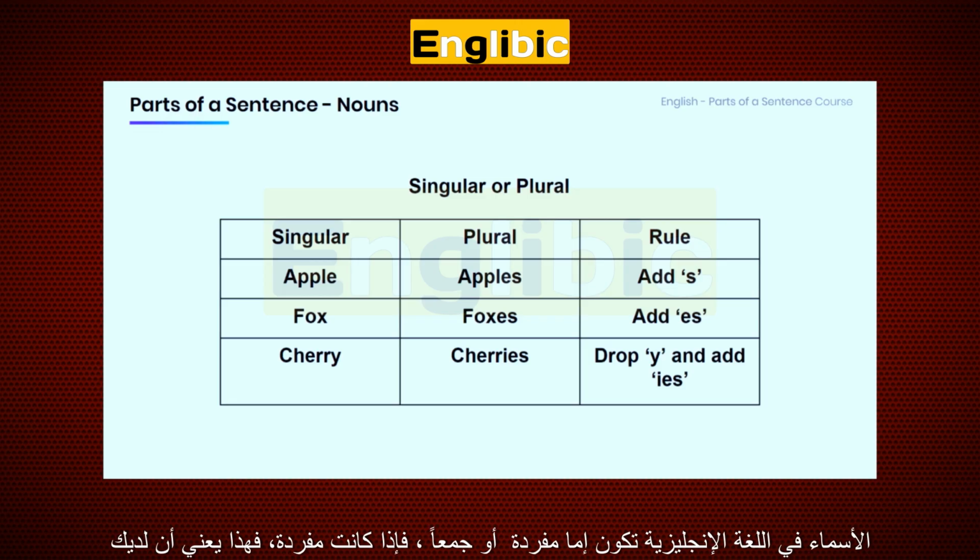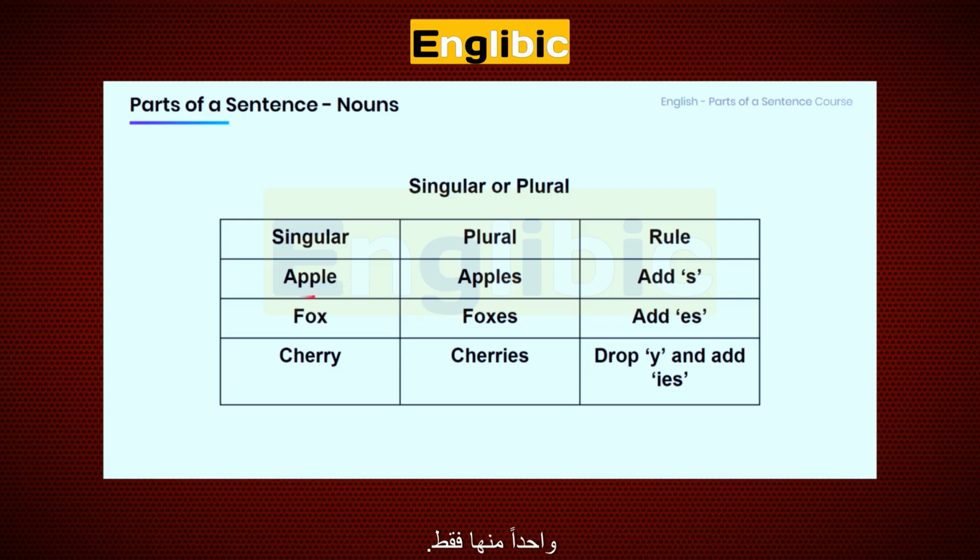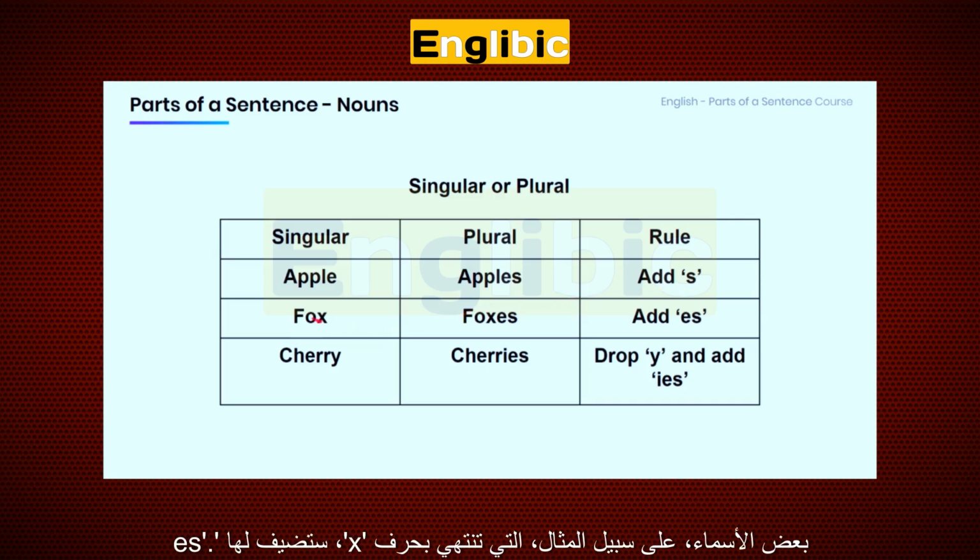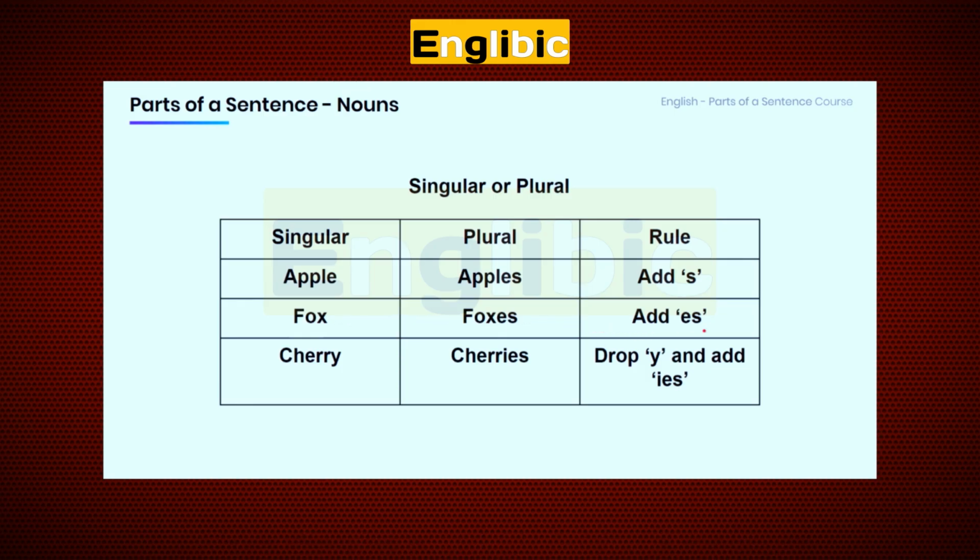Nouns will be singular or they will be plural in English. So if they're singular, that means you only have one of them. If plural, you have more than one. Okay? And these are the basic rules for turning a singular noun into a plural noun. For nouns that end in E or just regular letters, you add S. Some nouns, for example, nouns that end in X, you're going to add ES.